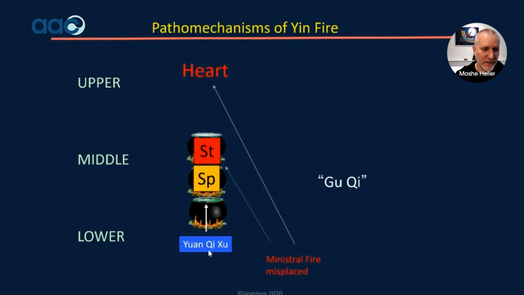So the yuan qi also arises from here, and is part of the process. But if the ministerial fire is misplaced, it creates more heat.